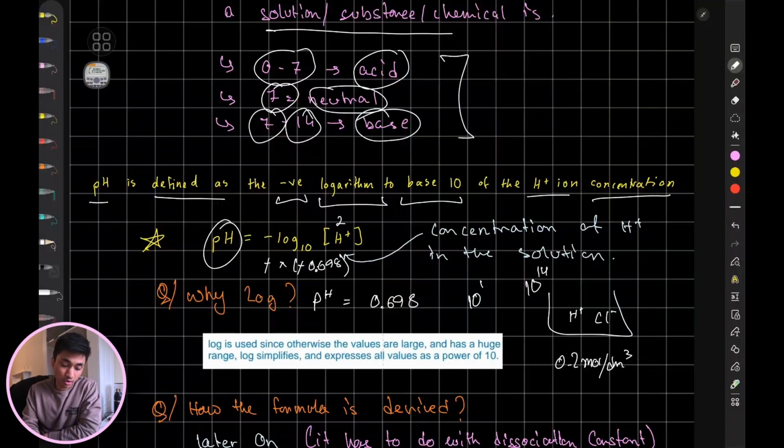So the reason it's between 1 and 14 is because the concentration of acid itself is going to range between 10 to the power minus 1 and 10 to the power of minus 14, where 10 to the power of minus 14 means very little acid, and that means very basic, and 10 to the power minus 1 means very acidic.